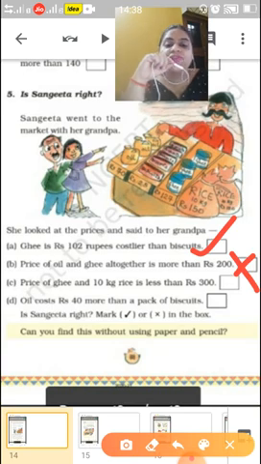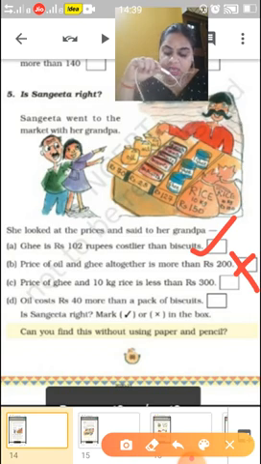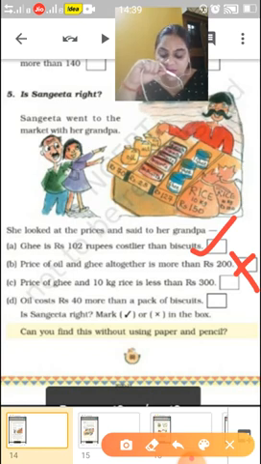Why? Because ghee is costly. So what is the price of ghee? You can see ghee price is 127 and rice price is 150. If we total this, our answer is 277, and they are telling that the answer should be 200. So that's why it is wrong.